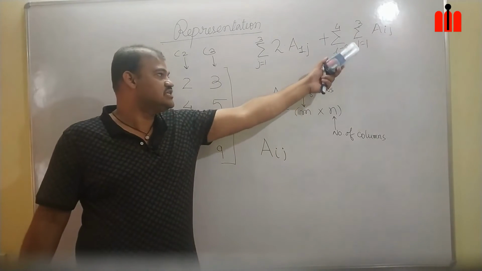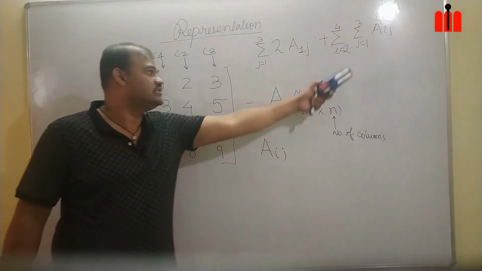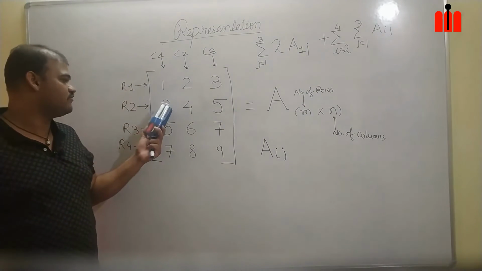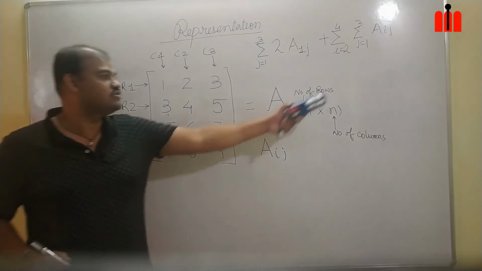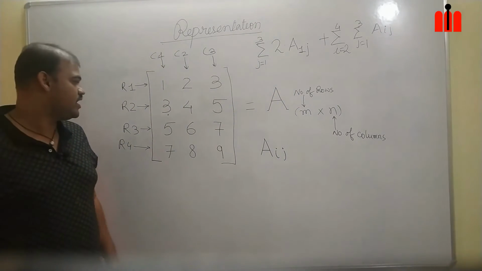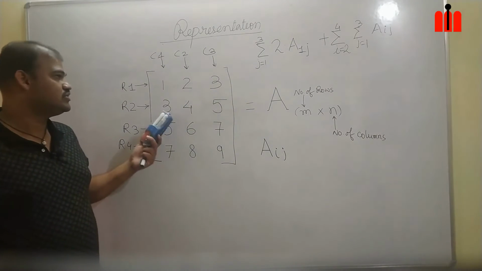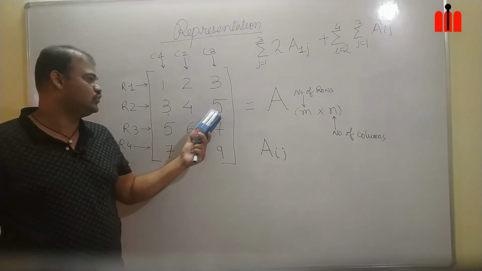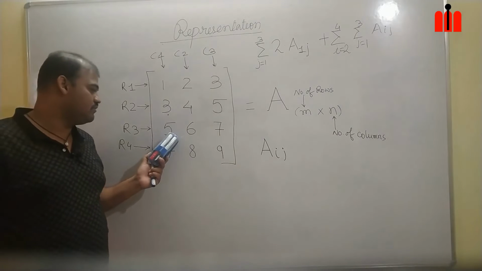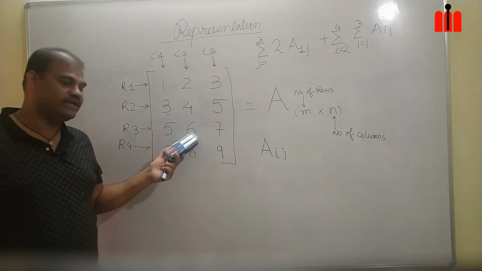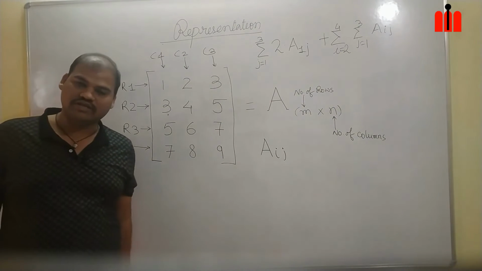Now I equal to 2 means it starts from the second row. J equal to 1 means it starts from the first column, so it starts from this point. This is the starting point of the second term. Now J will run from 1 to 3, so it is 21, 22, 23. Then I becomes 3 for the next term, so it is 31, 32, 33, then 41, 42, 43.